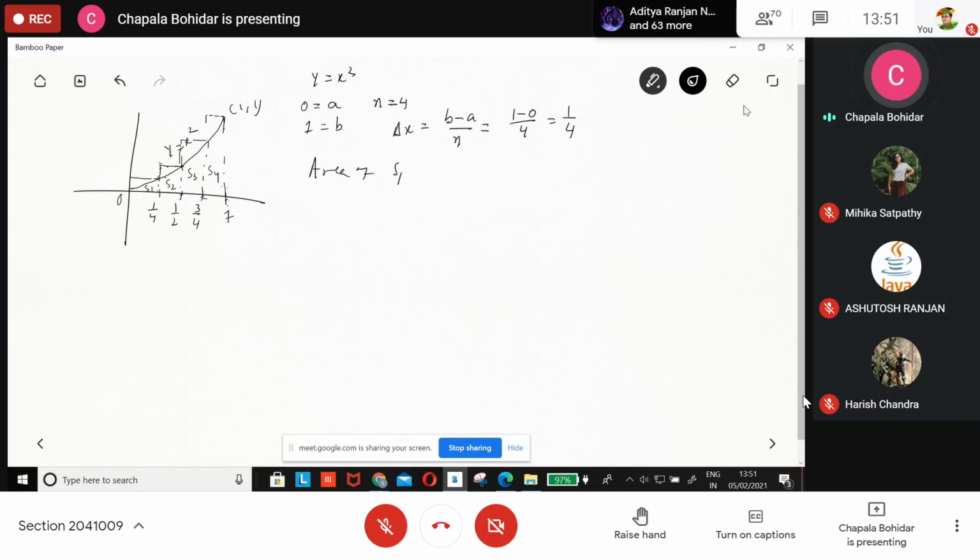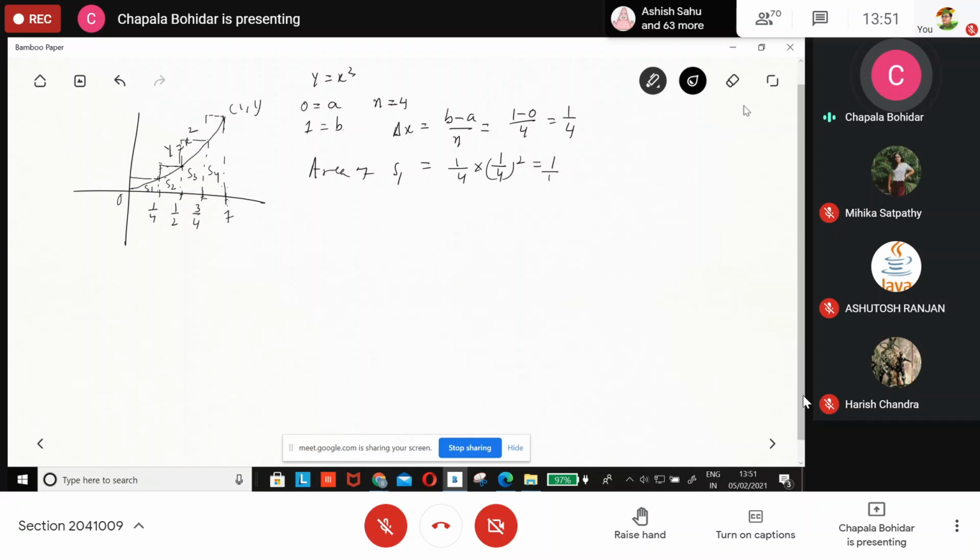Area of S1 is equal to, can anybody tell me? 1 by 4 into 1 by 16. Yes, very good. 1 by 4 into 1 by 4 square, that is 1 by 16.